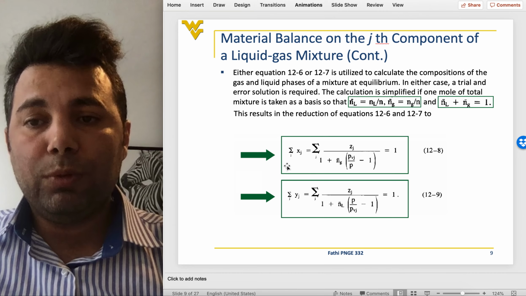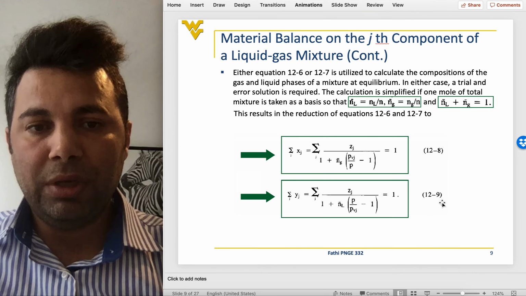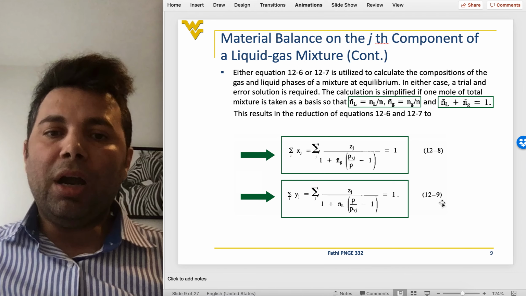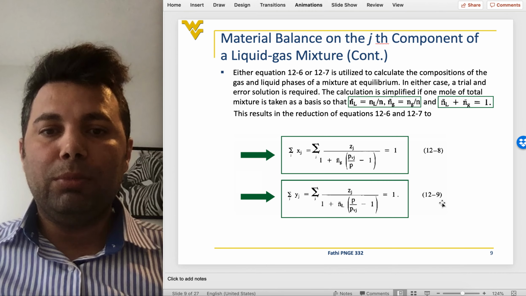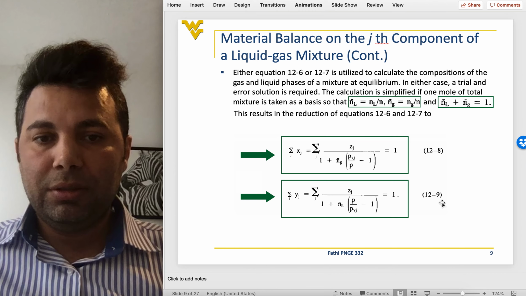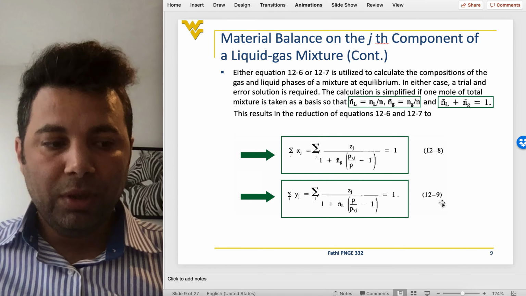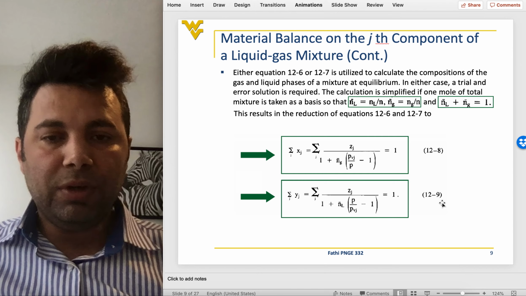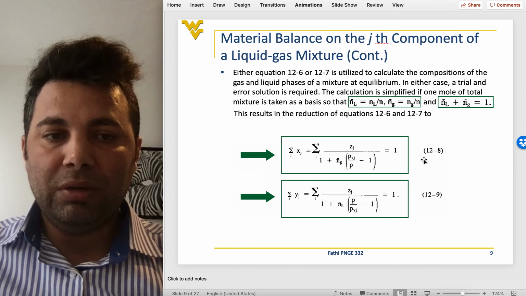Depending on whether I'm writing for mole fraction in liquid or mole fraction in gas, I will have equation 12.18 or 12.8 or 12.9. So for ideal solutions, if I want to find the compositions in the liquid, I'm going to use equation 12.8.